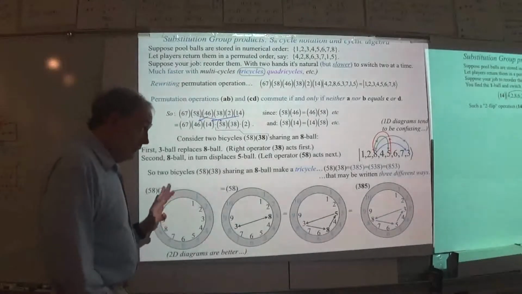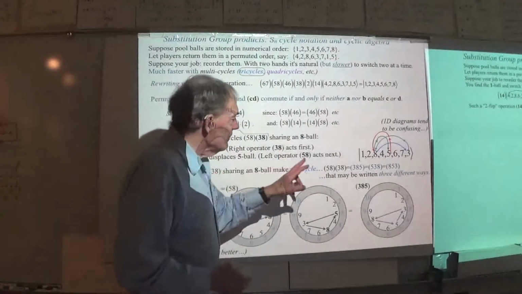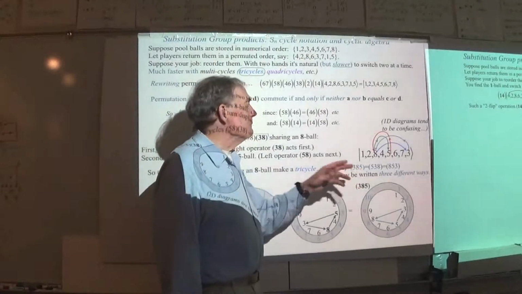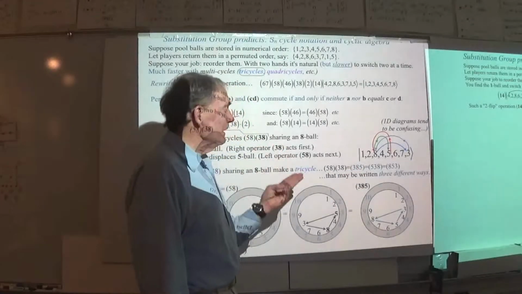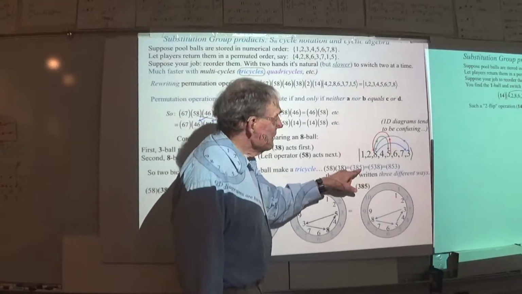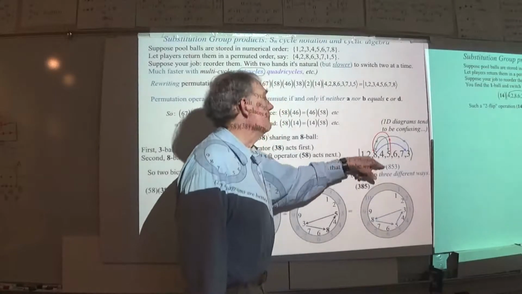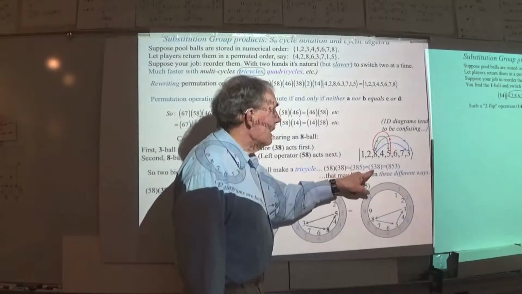And furthermore, and this is really important for counting these things, this particular tricycle can be written 3 different ways that are equal to each other. I simply slide it along, the 3 to the middle, the 8 goes down to the end, and the 5 pops up and comes back to the front.